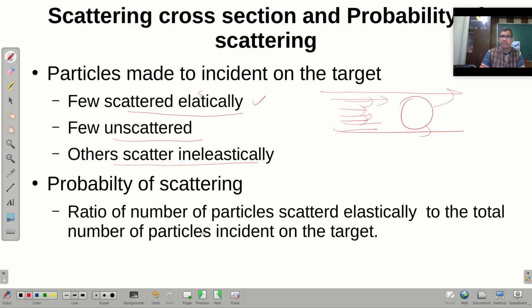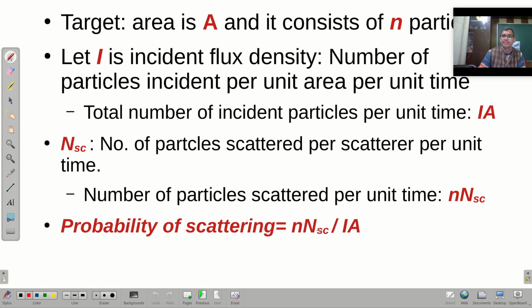So what is the probability of scattering? The probability of scattering is the number of particles scattered elastically to the total number of particles incident over the target, right? This is one way to look at the probability of scattering.